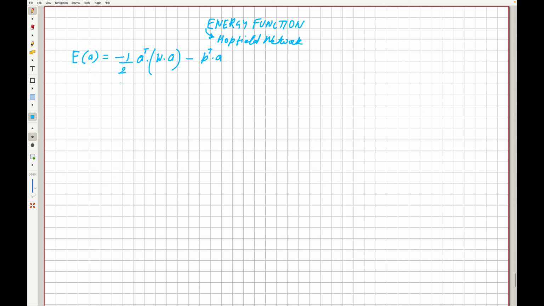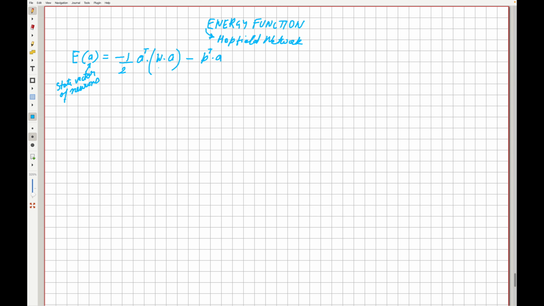In this equation, A is the activations that we calculate, or we could say the state vector of neurons.